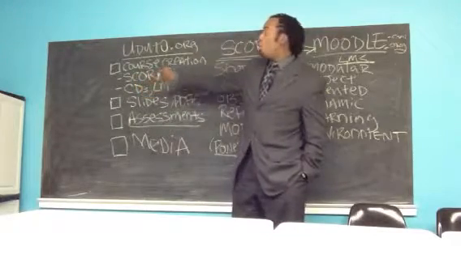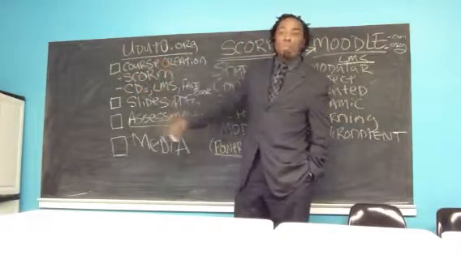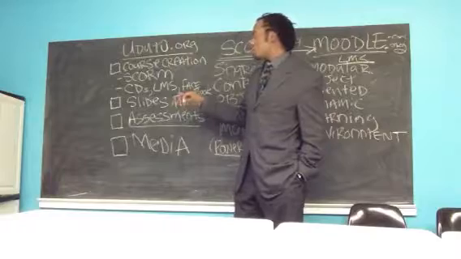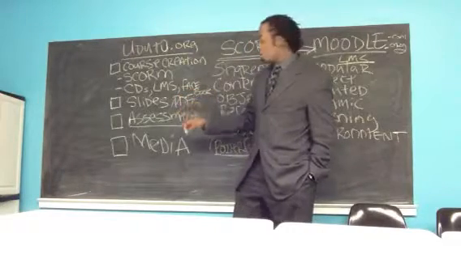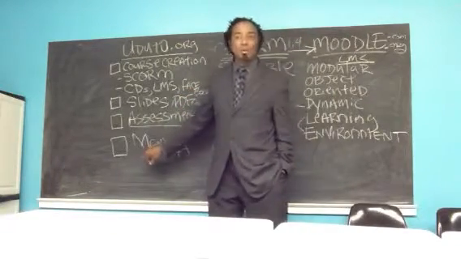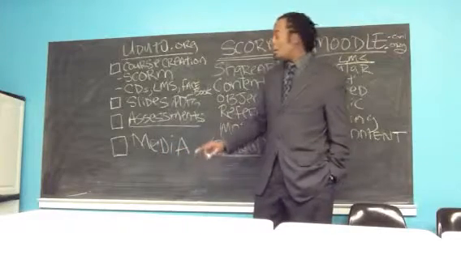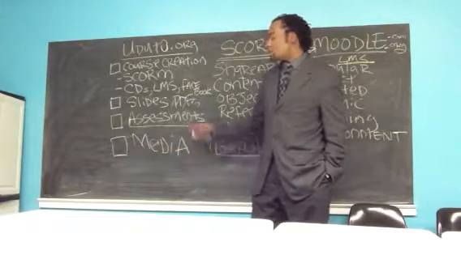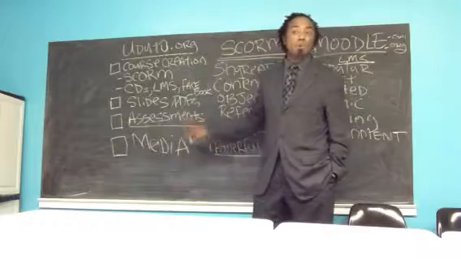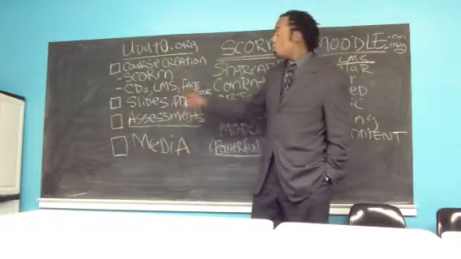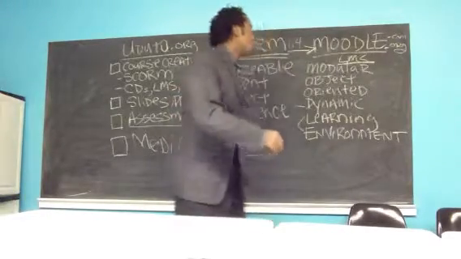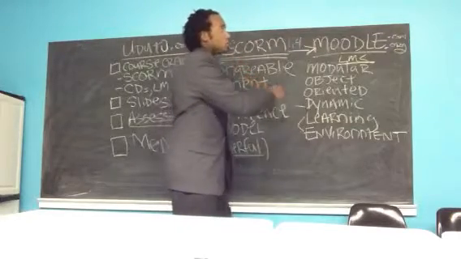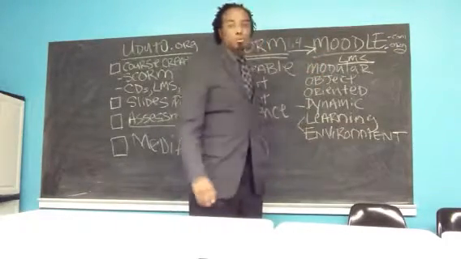So import your PowerPoint into Udutu, and then add your slides, your PDFs, your media, be it a video or a voiceover. You can add all those things and then add your assessments, and for the most part, you're ready to go. Once you've done that, you can export that SCORM, and then it's ready to upload into a Moodle.